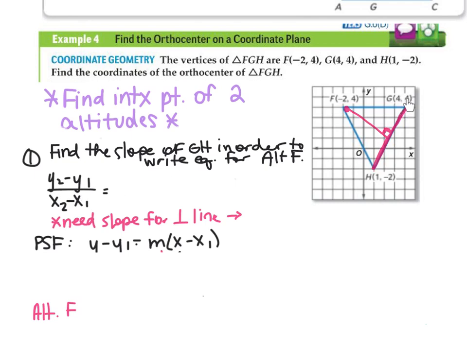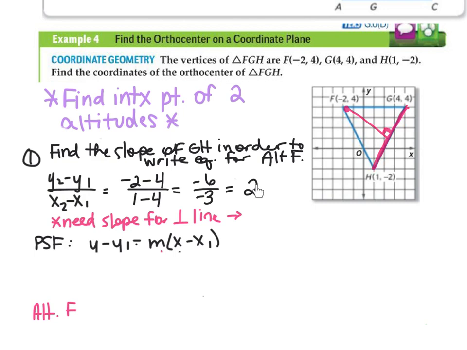So I'm going to use y1, y2, okay? So I have y2 minus y1 over x2 minus x1. When I simplify this out, I get negative 6 over negative 3, or a positive 2. So now I know my slope of GH right here is 2.